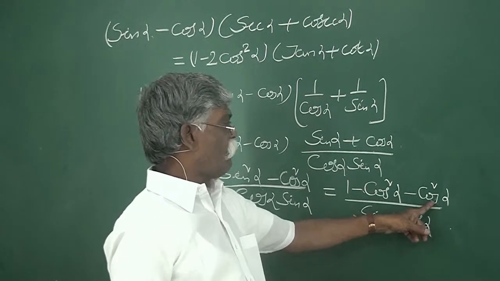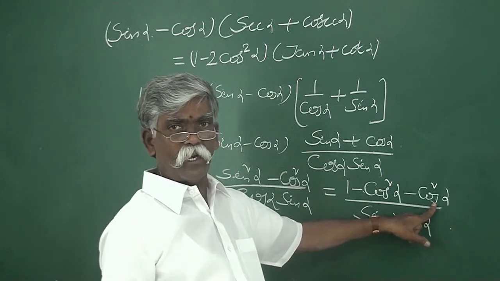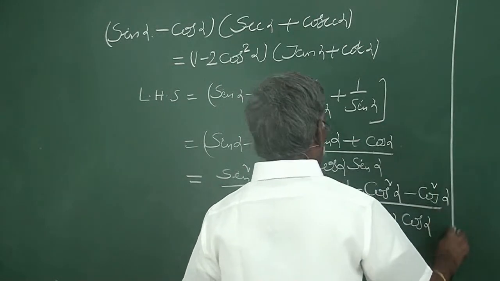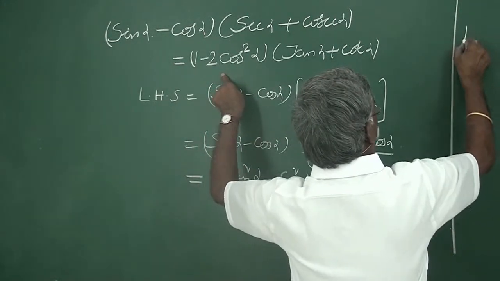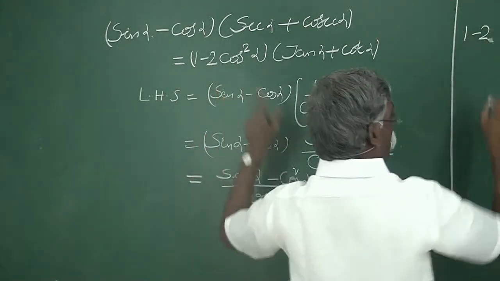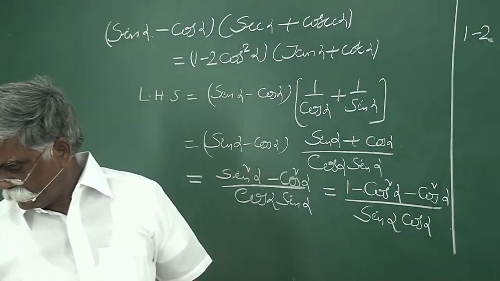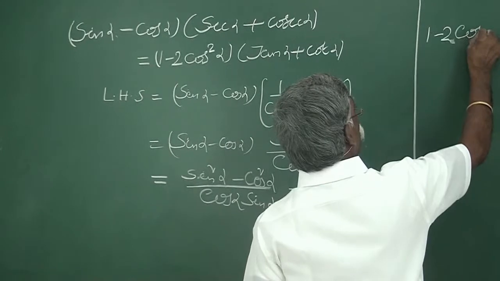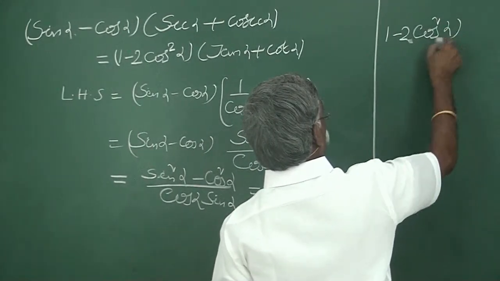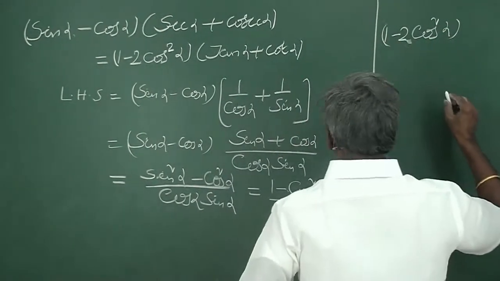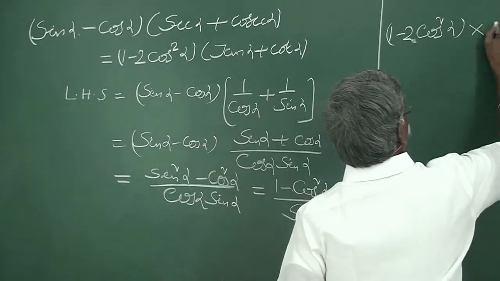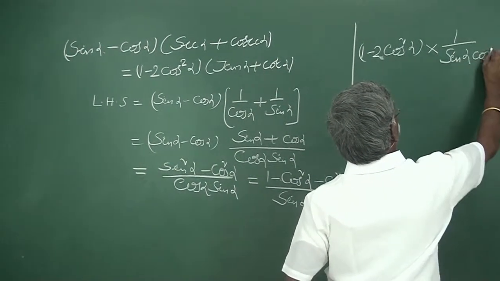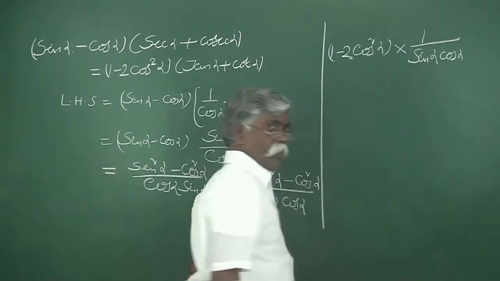Now minus cos square alpha and minus cos square alpha becomes minus 2 cos square alpha. Therefore the first part of the answer, 1 minus 2 cos square alpha, we got, and the remaining part let us write it as 1 by (sin alpha into cos alpha).